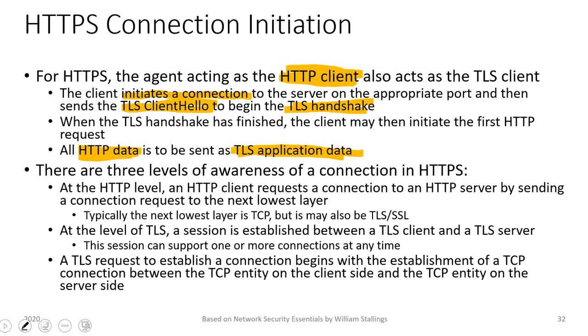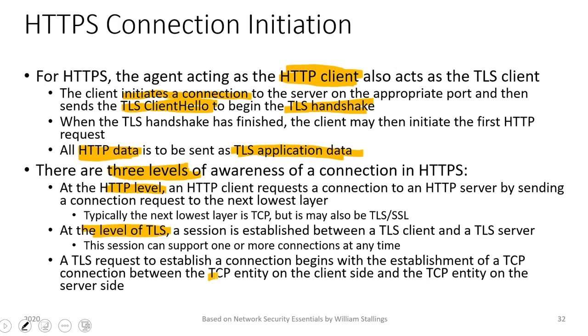Again, from a protocol point of view, given it is a multi-layer structure, there will be three levels of communication happening. One is at the HTTP level, the communication between the client and the server, the web browser and the web server. Then at the TLS level, where the sessions are established between the TLS client and the TLS server.